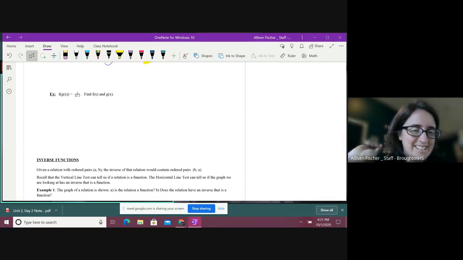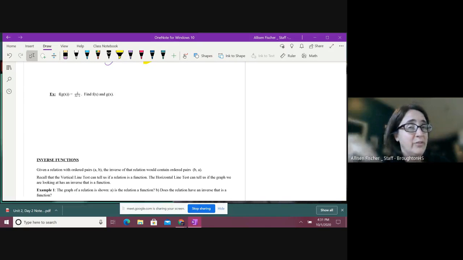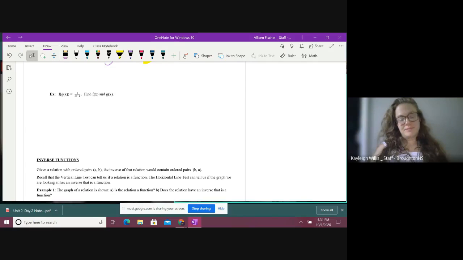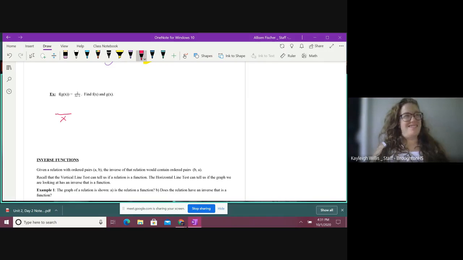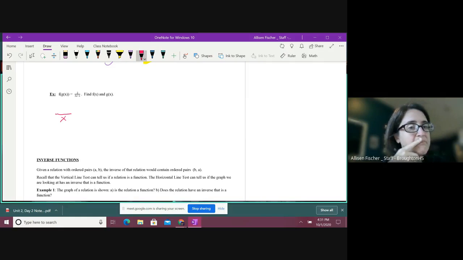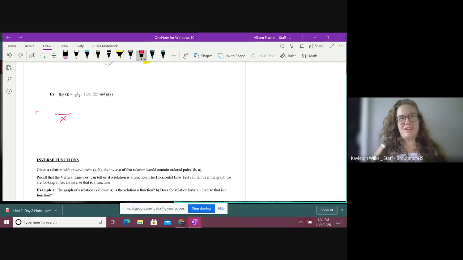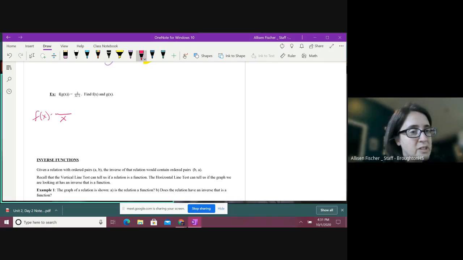All right. So in this second example, I see the fraction and I think, oh, we had a parent function that had a fraction. So that parent function was something over x. I noticed the other one was 1 over x, but this one is 2 over x. And that's okay. That just means it's that parent function too.